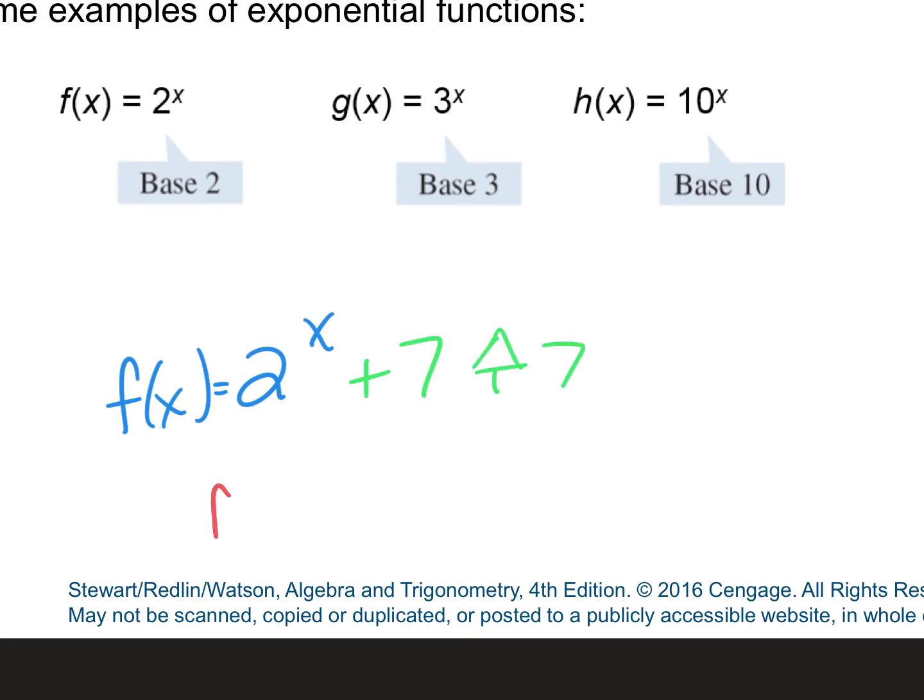What about if I had f of x equals 3 to the x minus 4? The x minus 4 is in the exponent. It's with the x. When we had shifts that were with the x, where did it go? Up and down?